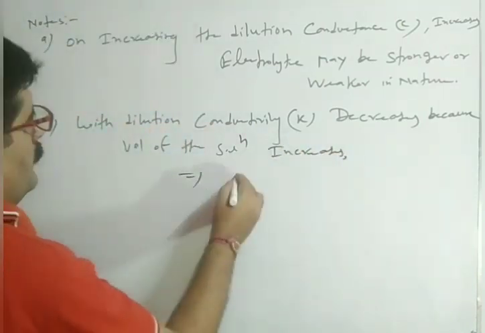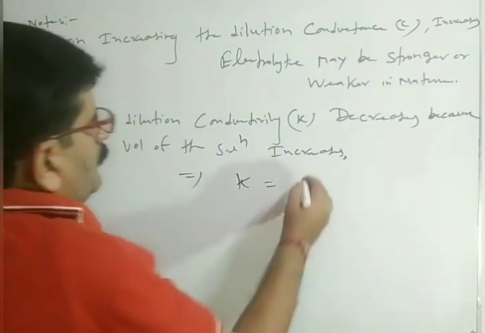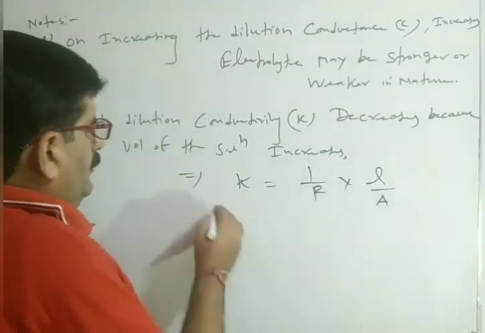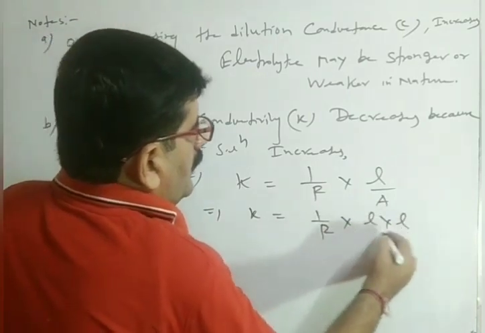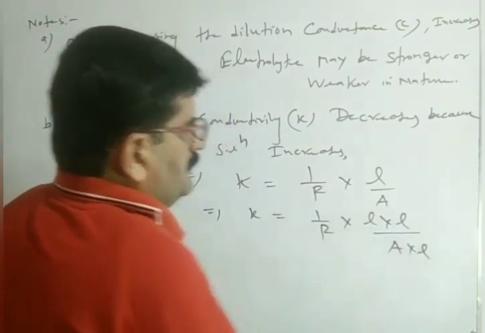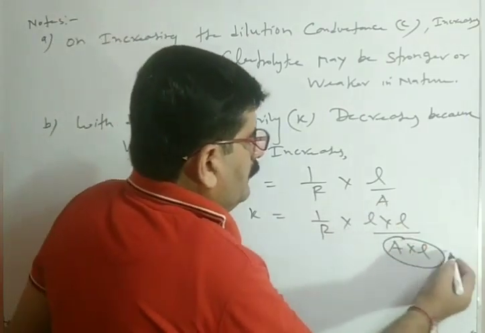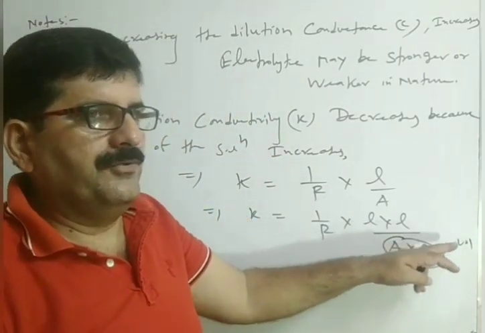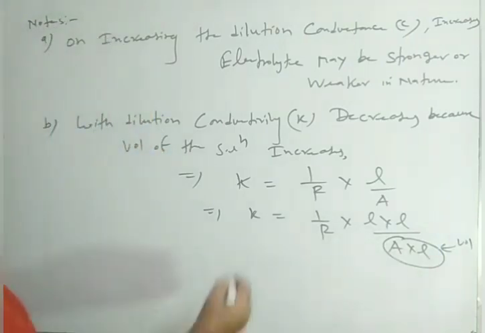We know very well K is equal to 1 by R into L by A. If we multiply L in the upper and lower part, this term is known as what? Volume. So when the solution becomes diluted, it means volume increases. Volume increases, that's why conductivity K decreases.